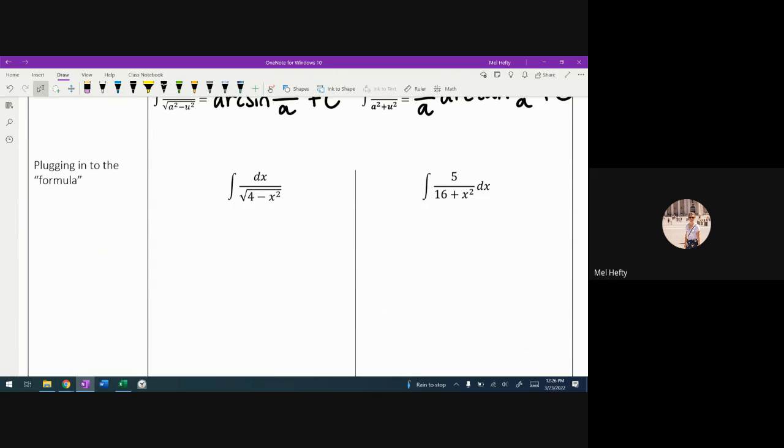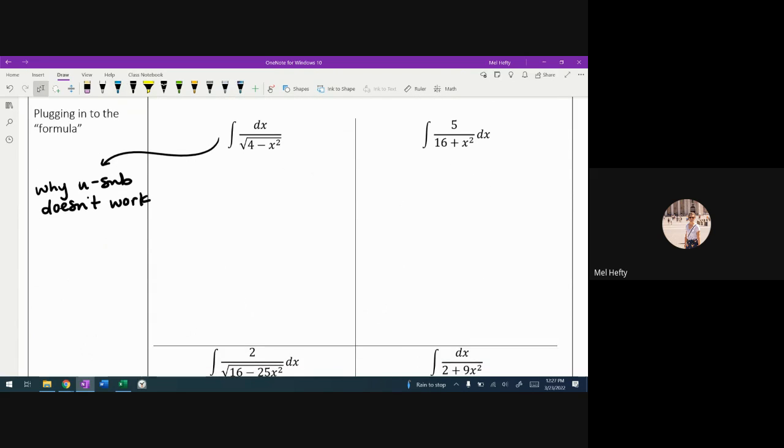Now, I want to show you why U-sub doesn't work for a question like this, like the U-sub we knew before now. If you didn't know anything about arctrig, what would you set U equal to in this question? Yeah, I would probably try 4 minus x squared, which would make du what?